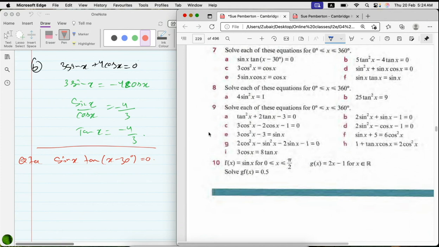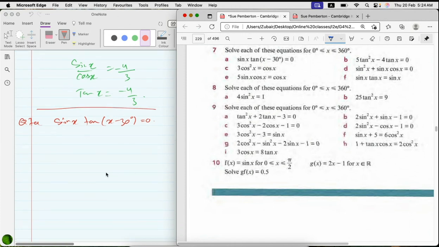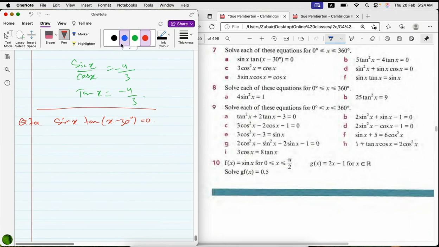Okay. Because the angles are different, I was trying to convert it into one, but those are different. So I can split it: sin x equal to 0 and tan of x minus 30 is equal to 0.